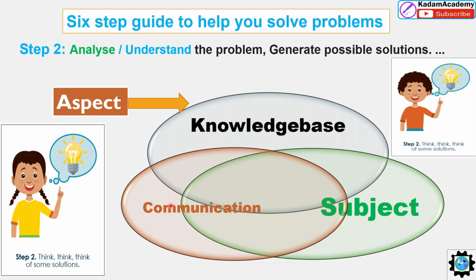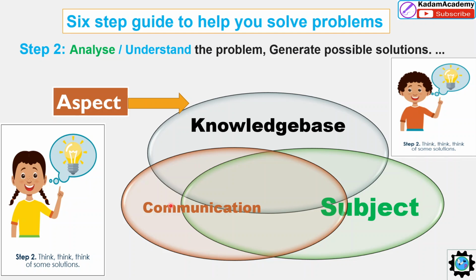The next step in problem solving, after the identification, is to define the problem and understand the problem. Okay, the first step is to identify and understand the problem by using your knowledge, communication, subject.